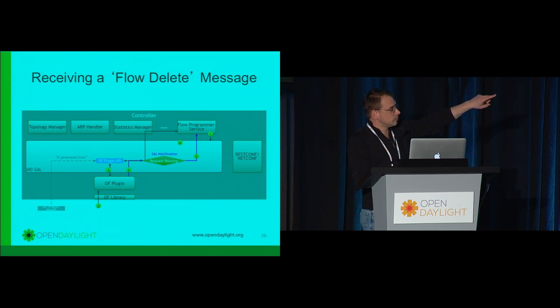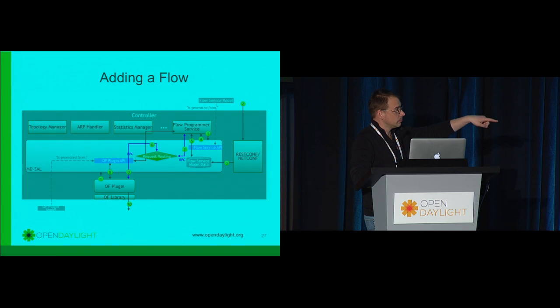We'll pass through the OpenFlow API, and then we'll go to the flow programming service, which is registered to receive those messages. Messages are handled, and a potential response may get sent back down through the system as well. The flow programming service may interact with other stuff inside of the controller to make a decision on how to send back that message.